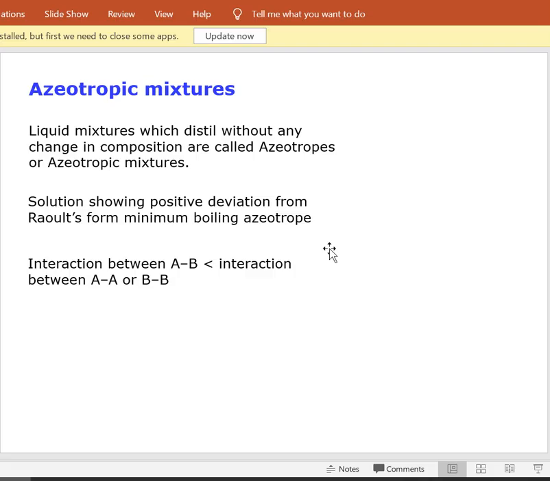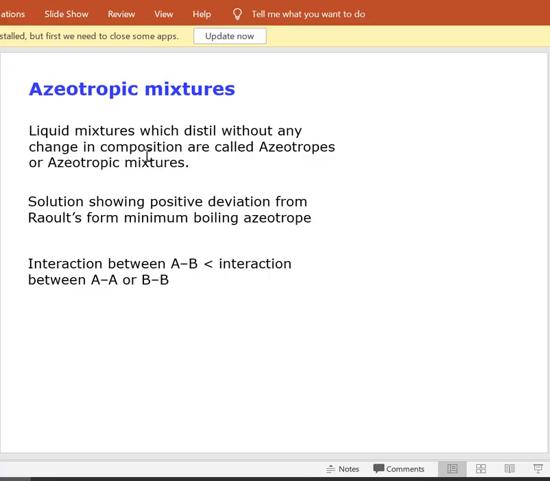But many binary solutions at definite compositions behave like pure liquids. Why? Because their vapors have the same composition of the two components as in the solution. So such solutions are called azeotropes. How can you define azeotropes?